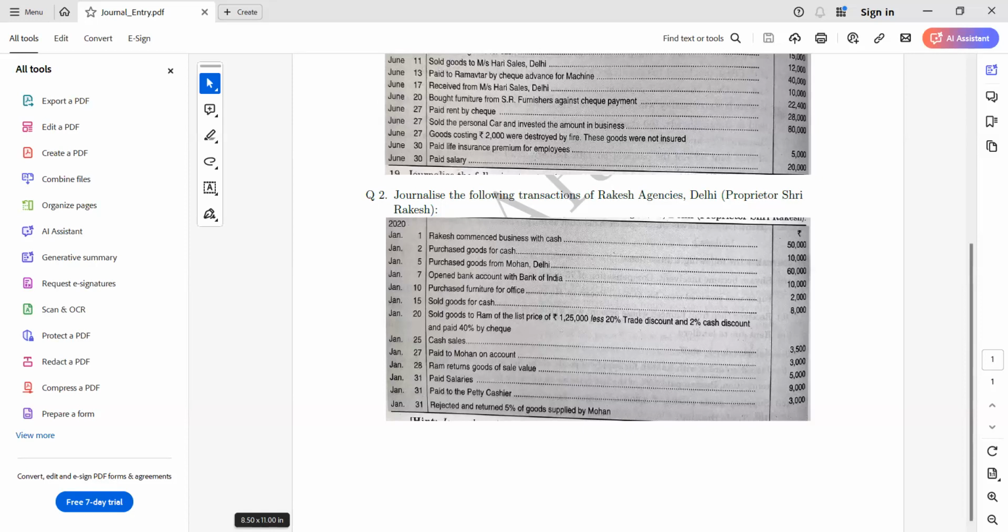Okay. Yes. But just use it for this assignment submission right now.